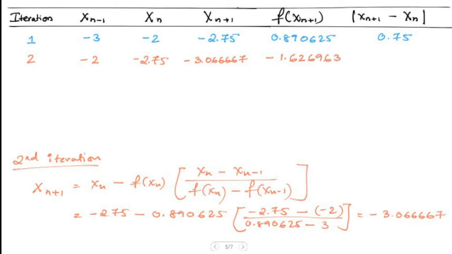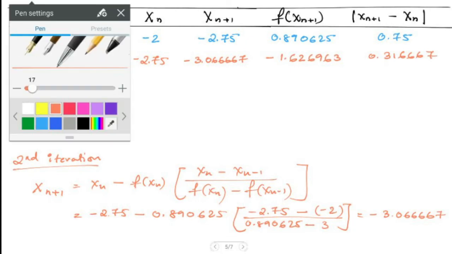And then if we subtract minus 3.066667 minus minus 2.75 here, we will get the value 0.316667.